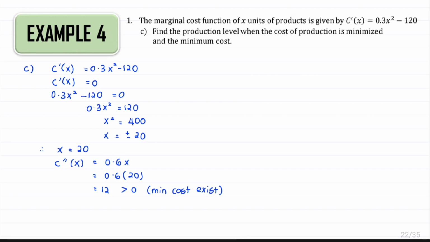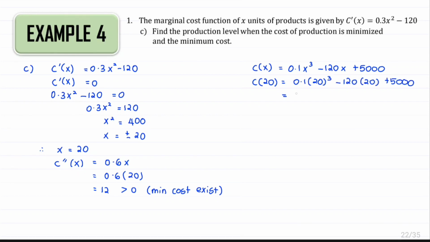And next, we find minimum cost. To find minimum cost, we substitute value for x into the cost function. Our cost function is, okay, now we substitute x equals 20. Then we get answer 3,400.